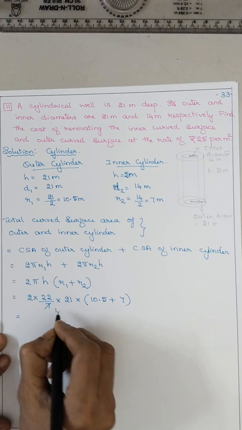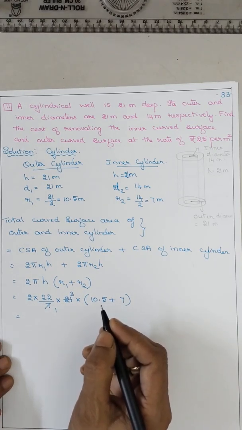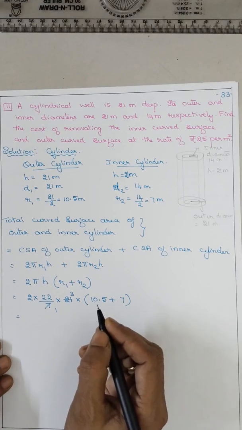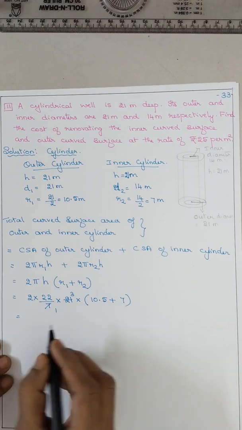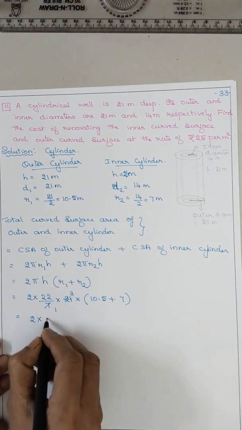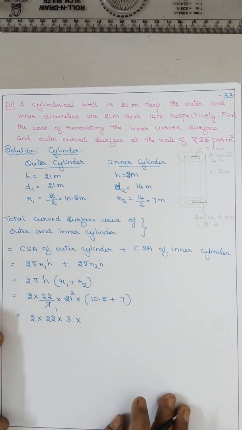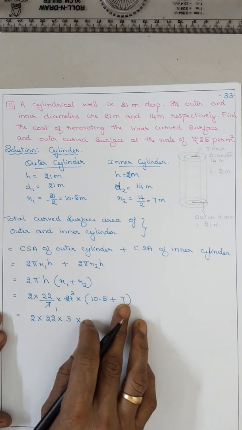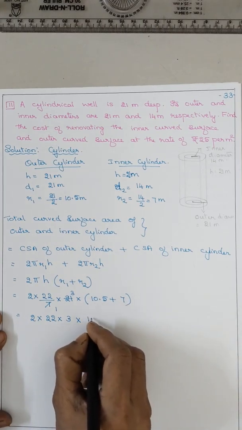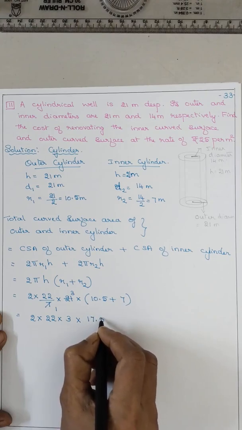So 7 ones are 7, 7 threes are 21. So you got 2 into 22 into 3 into 10.5 plus 7, that is 17.5.